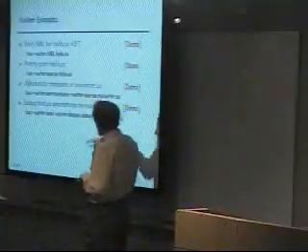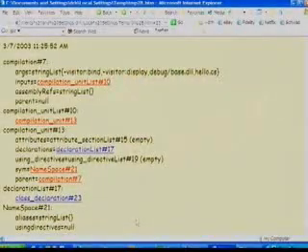Here's a case, by the way, where the actual display class is in a different named file, so we have to give both. I won't actually run that because I already have it up here on the screen. Let me show you what you get.